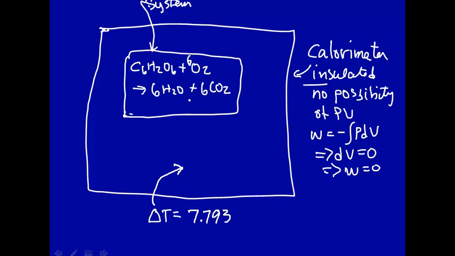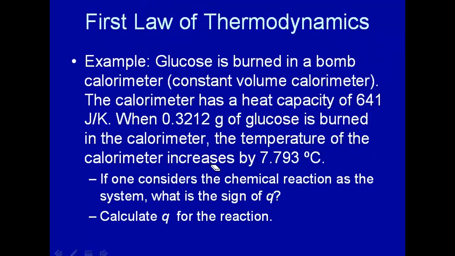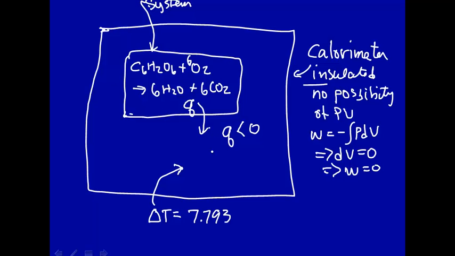For the temperature to go up, Q must have gone from the chemical reaction into the surroundings, into the calorimeter, in order to increase the temperature of the calorimeter. So if Q is lost from the system, and we're considering the chemical reaction as the system, Q is less than 0.